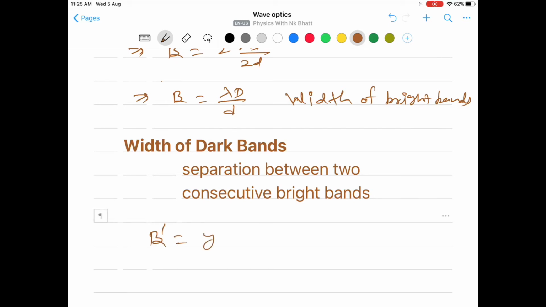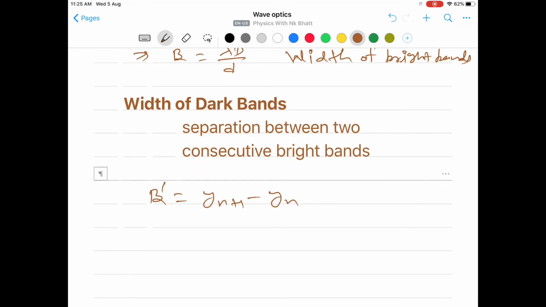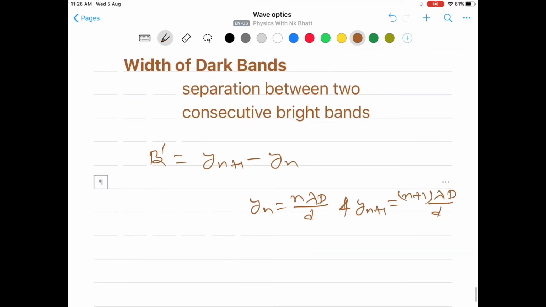It is denoted by beta dash, and beta dash is equal to y n plus 1 minus y n. Here y n and y n plus 1 are the positions of two consecutive bright bands. y n is equal to n lambda D upon d, and y n plus 1 is equal to (n plus 1) lambda D upon d.